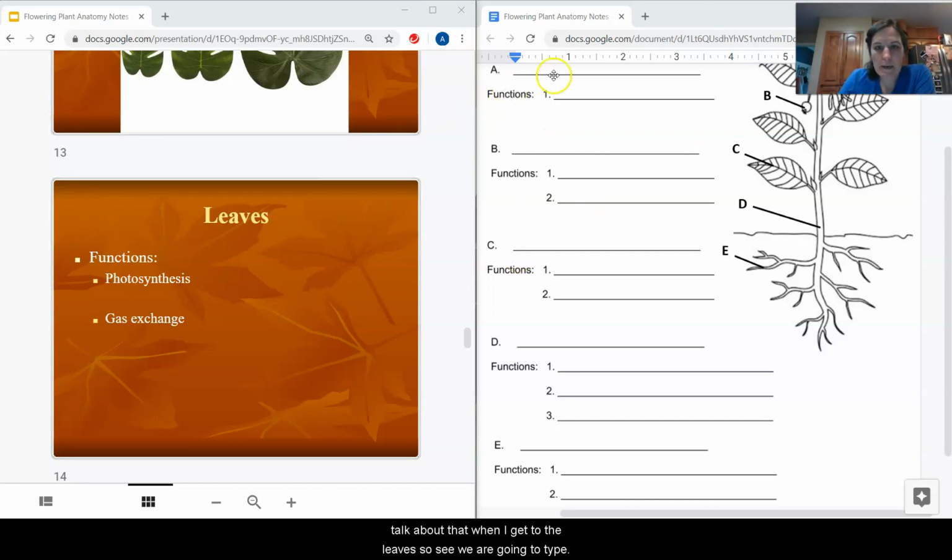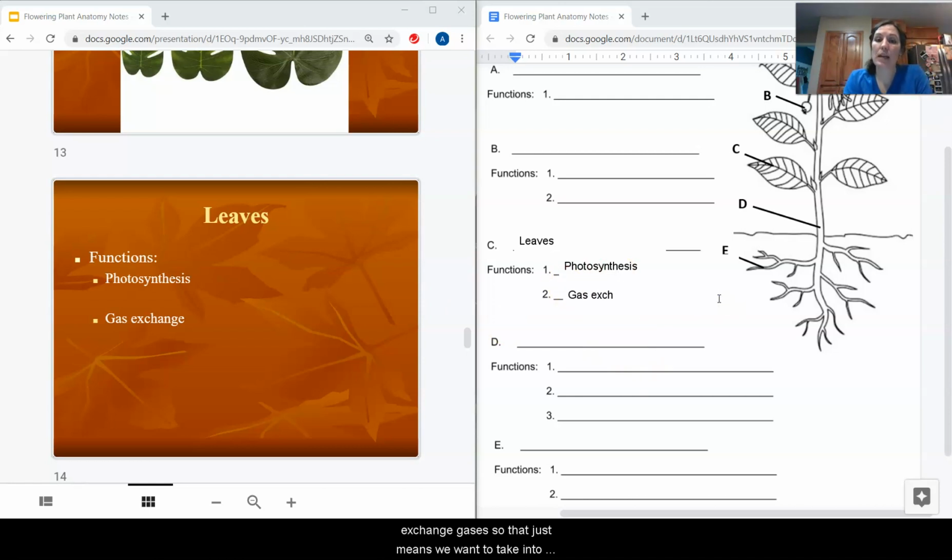So C, we are going to type leaves or leaf, and then your function. Okay, so your biggest function is photosynthesis, and your other function is to exchange gases.